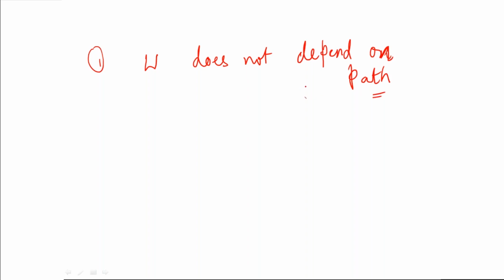It depends only on the initial and final positions. So this is one of the characteristics of a conservative force field, that the work done by the force does not depend on the path. And for a cyclic path, if the initial and final positions are the same, the work done will be 0.